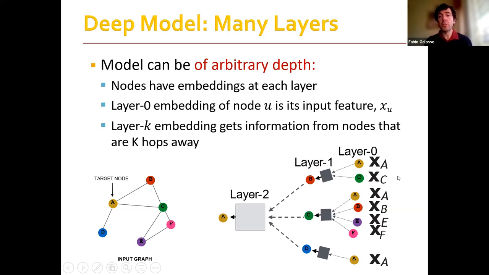So with 1 layer GCN, you only gather information from the direct neighbors, and then you can actually gather information from those that are actually two nodes away.